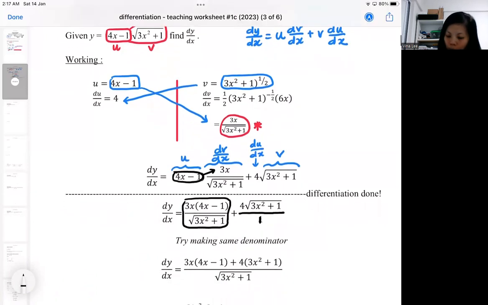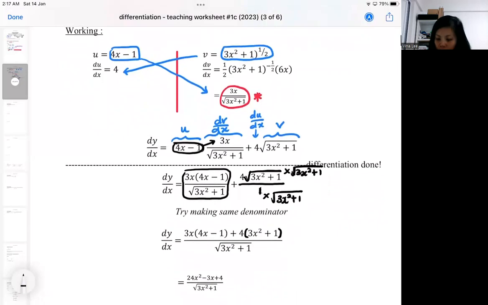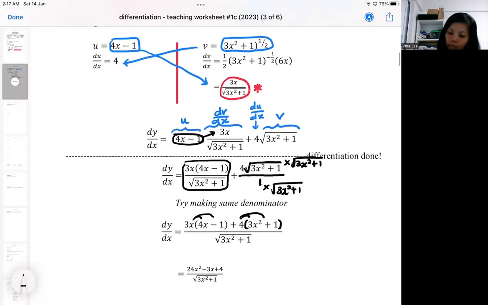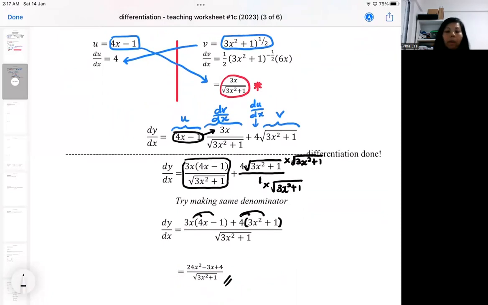So here I will try to multiply the function. I'm trying to make the same denominator, because after I make the same denominator, I can combine into a single fraction. So the square root here and the square root actually cancel out. So once you combine into a single fraction, okay, it's just simple algebra. And that will be your product rule.